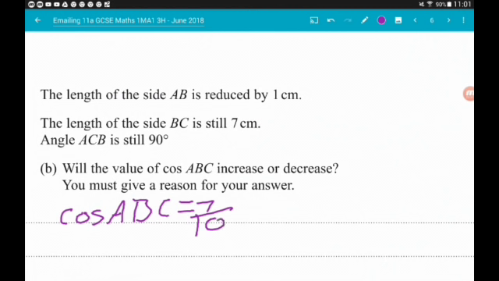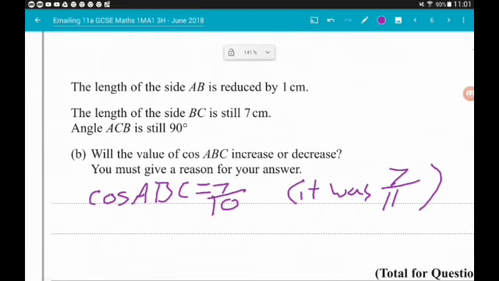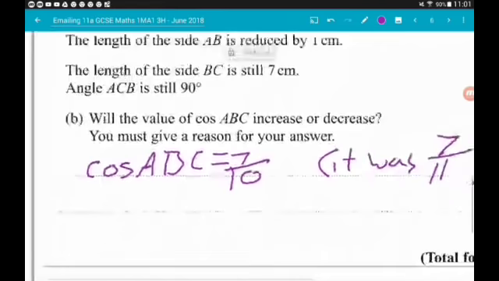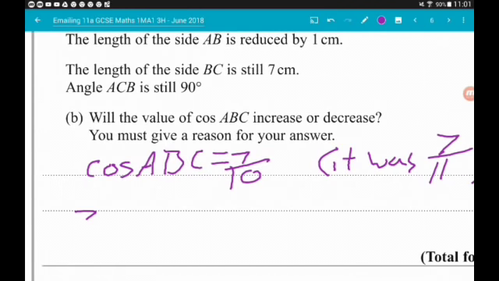Now it was 7 over 11. 7 over 10 is bigger than 7 over 11. So 7 tenths is greater than 7 elevenths. So it increases.